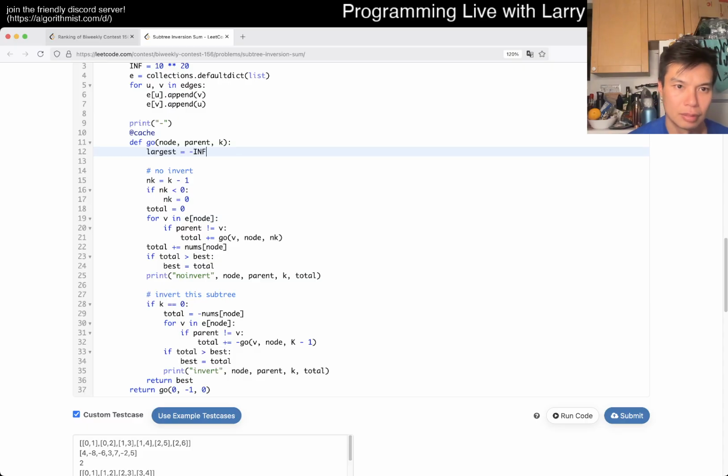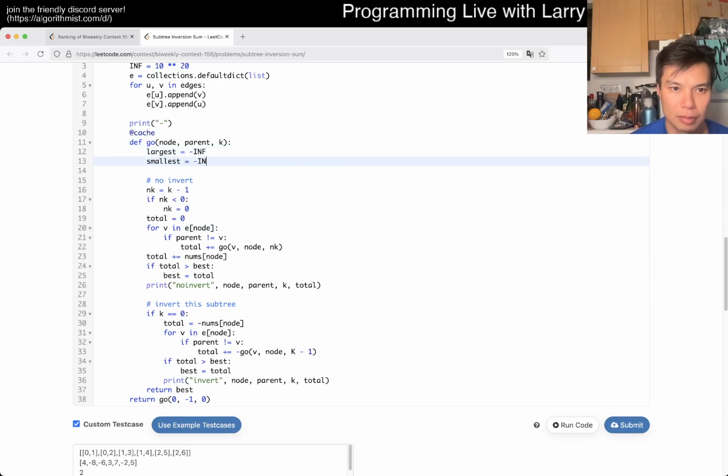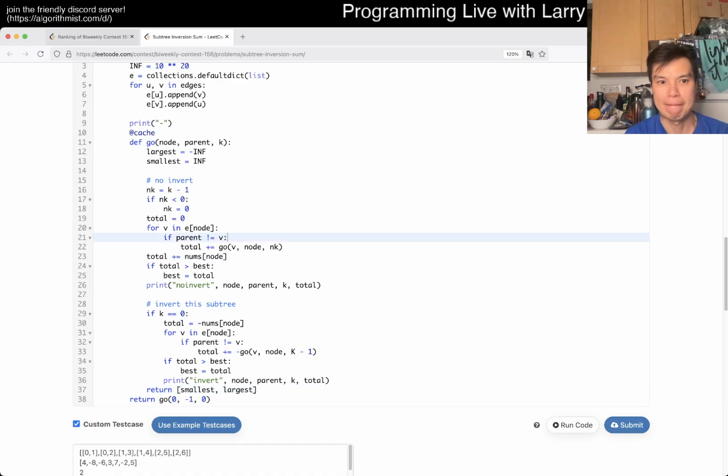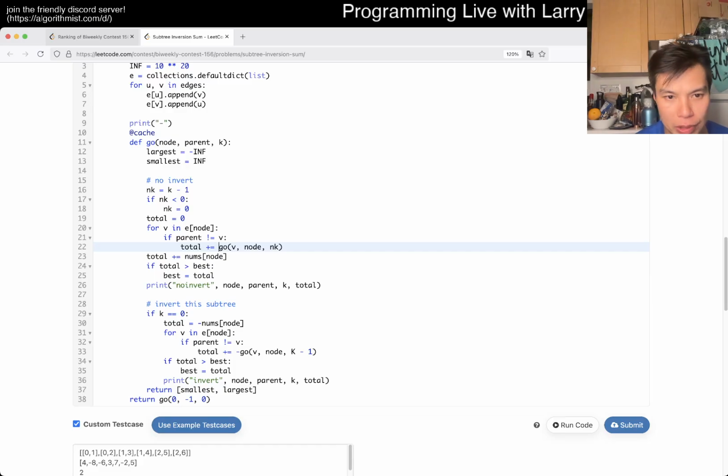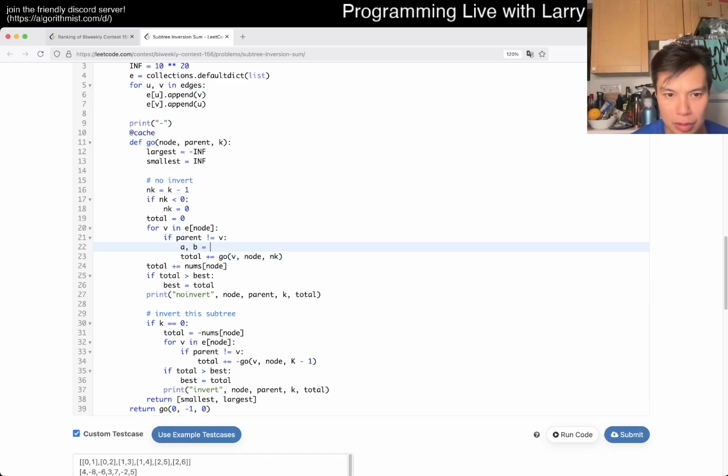Okay, so then that means that we have, how do I rewrite this? So if we don't invert, then we take the larger number, right?